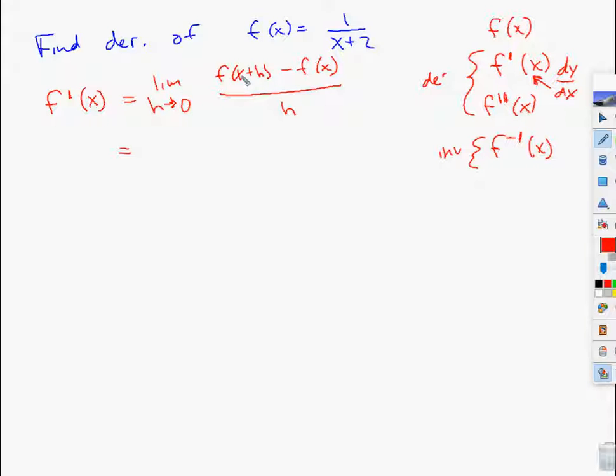Alright, so we're going to find this derivative. We're going to replace x with x plus h. So we take the limit as h approaches 0. I am taking this and putting it into here, and I get 1 over x plus h plus 2 minus 1 over x plus 2 all over h.